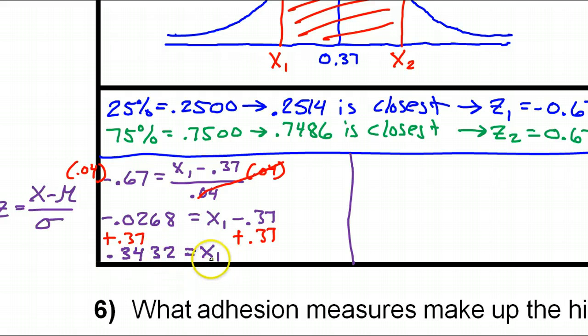That is x1, people, 0.3432. I'm going to round that down to 0.34. So basically 0.34 is x1. That is one of the main things we were looking for. So we just found x1 and it was 0.34.